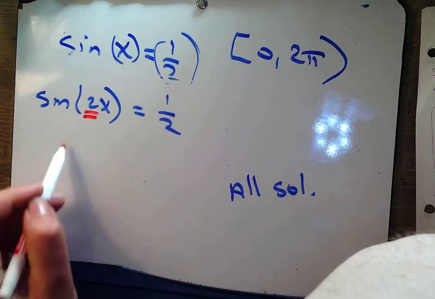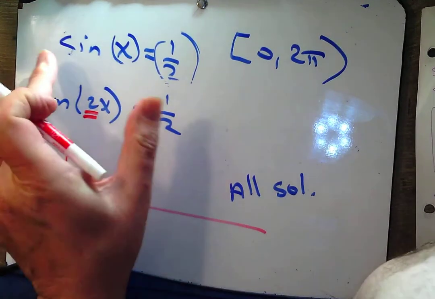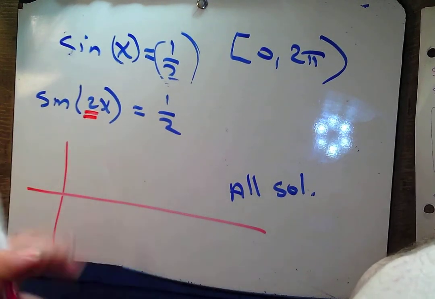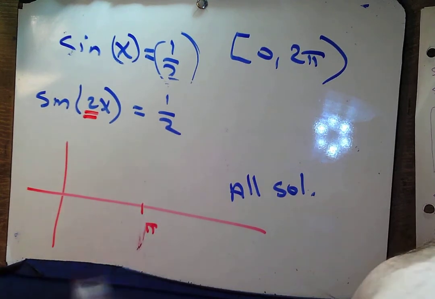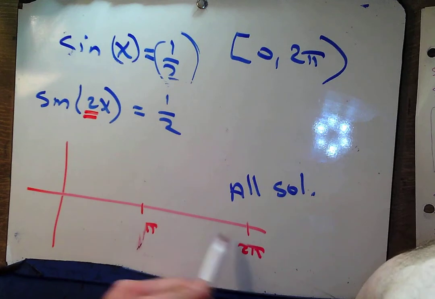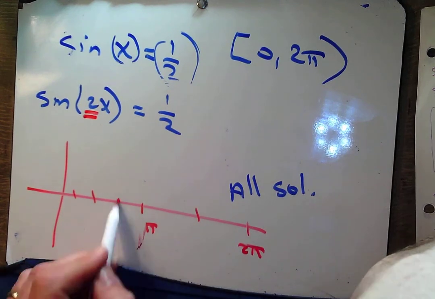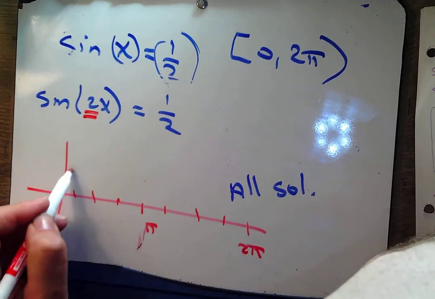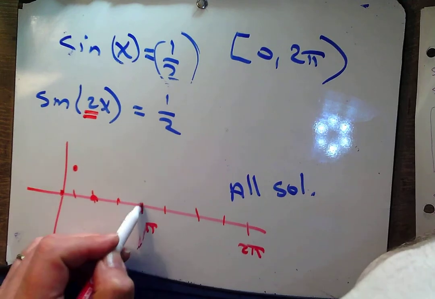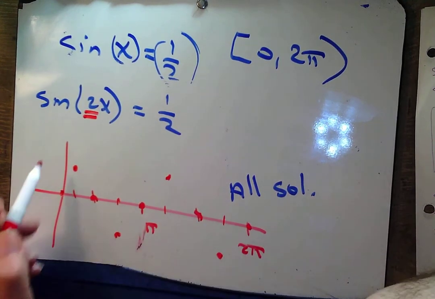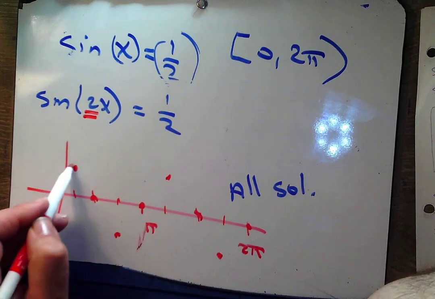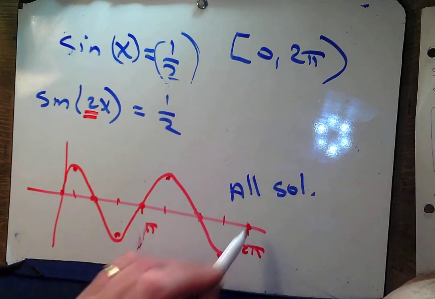And so now what's happened is I've taken my sine graph and I've horizontally compressed it. Oops, that's pi. That's 2 pi. And so now I'm looking at something like this. This is sine 2x.